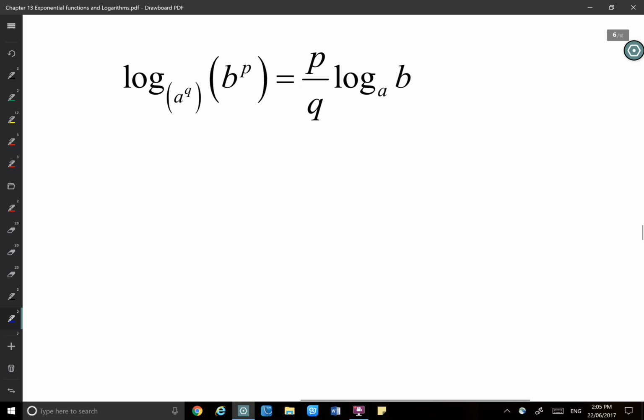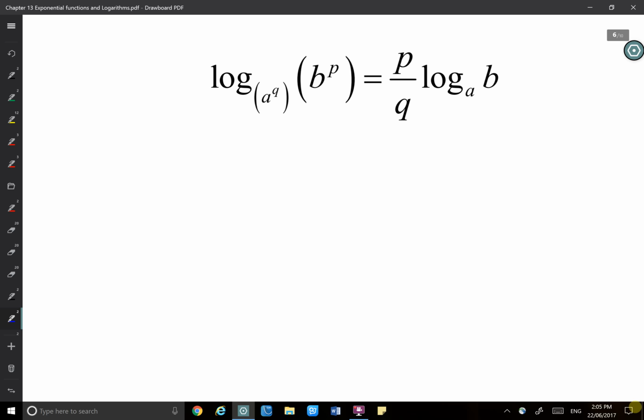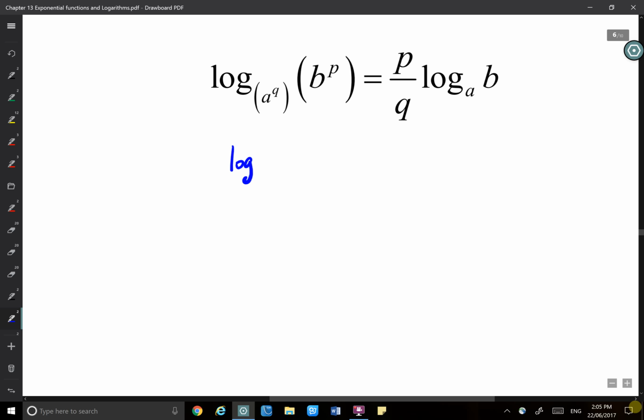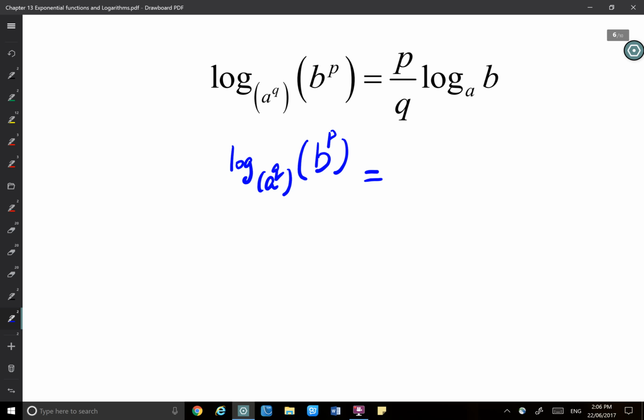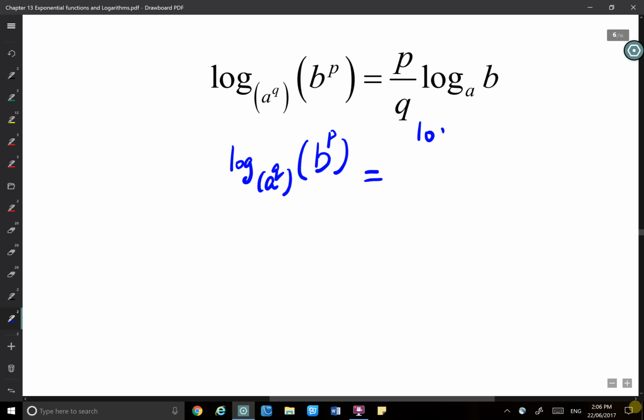For this one, what is the base? The base is A to the power of P, and the number is B to the power of Q. Now I want to change it to base A. I don't want log base A to the power of P, I want base A only.